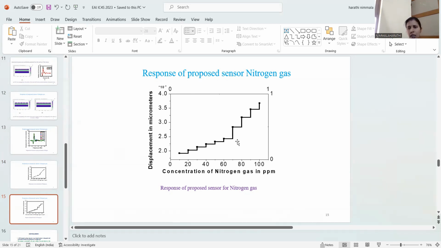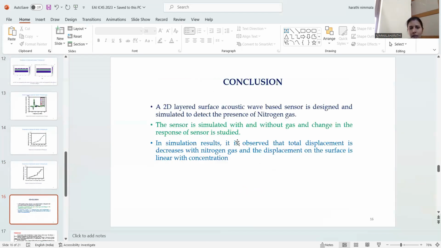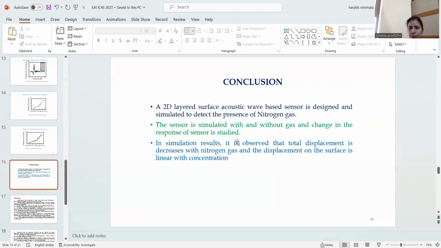So the designed sensor has identified the nitrogen gas: without the presence of the nitrogen gas, the displacement is high. In the presence of the nitrogen gas, the displacement has decreased, but with the increase in nitrogen gas concentration, the displacement has increased. So that is regarding the proposed sensor, what we have done.